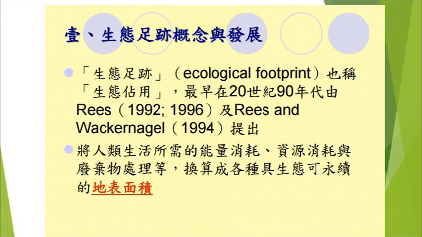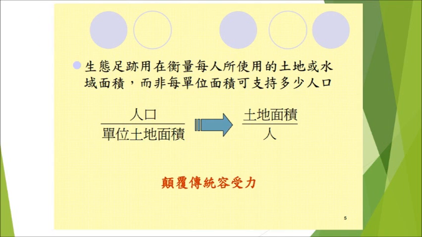Greenhouse effect. Just like the carbon dioxide, like a gas, covers the whole earth, so it's just like a greenhouse. So if you have more carbon dioxide, then you have more environmental pressure. So this is environmental pressure.